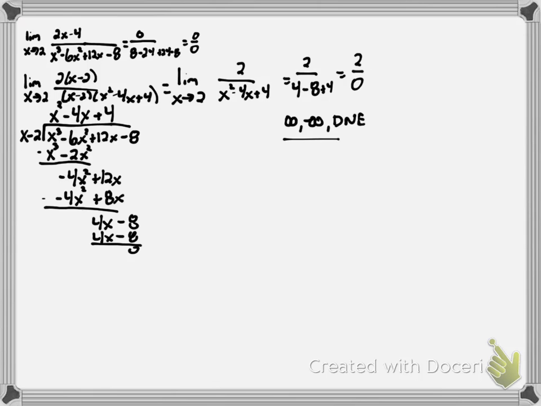Finally, let's consider the piecewise function in example 10. Piecewise functions just means that there's two different rules that are governing the entirety of this function. In this case, we have one rule that applies after x is greater than or equal to 2.